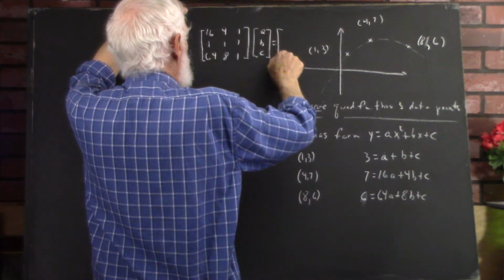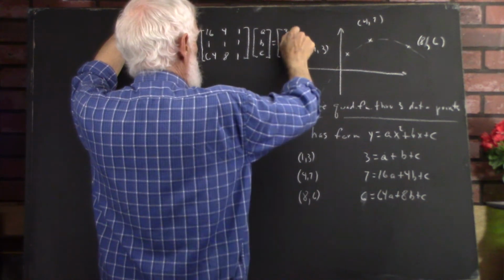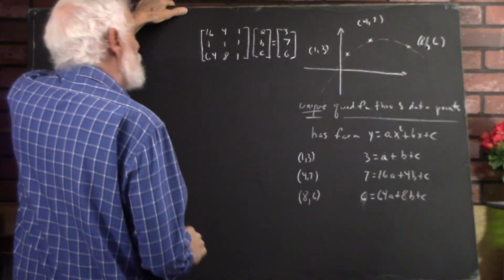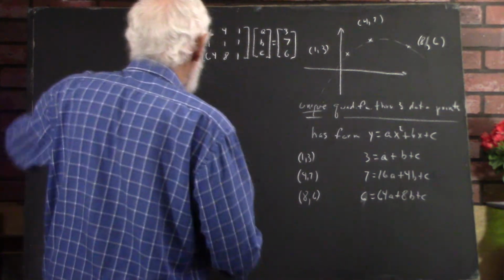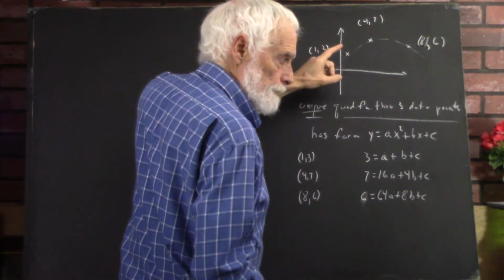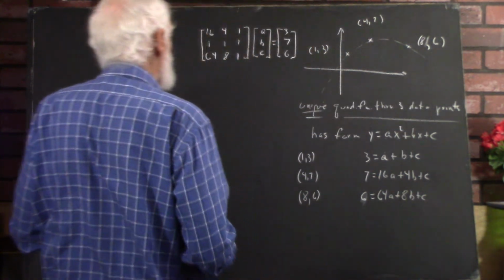Times a, b, c equals 3, 7, 6. We can verify that this matrix is invertible. It'll always be invertible if you have points with distinct x-coordinates.